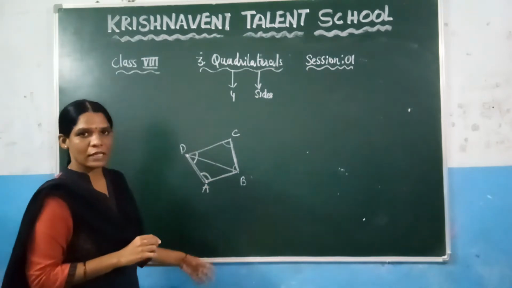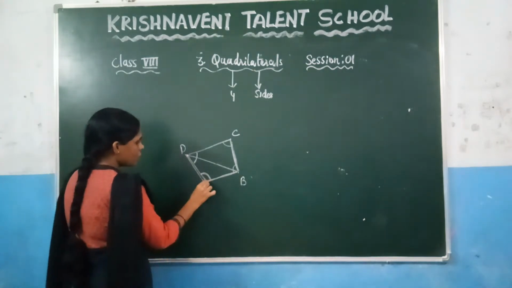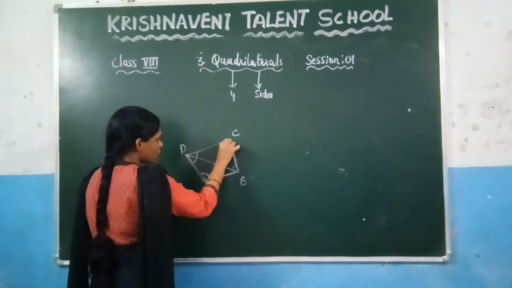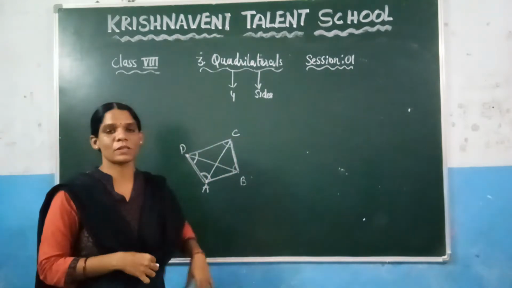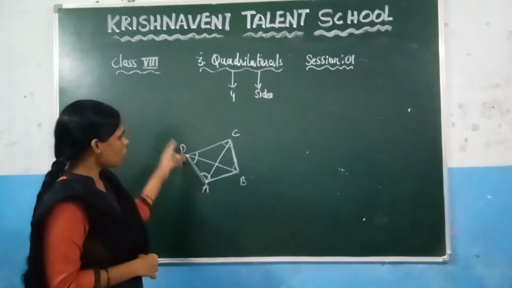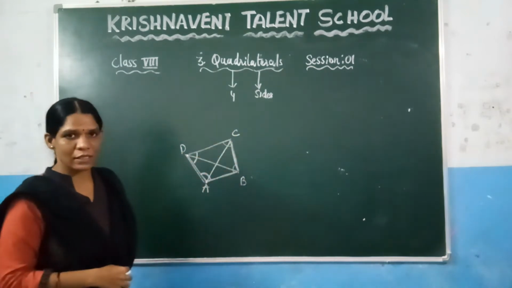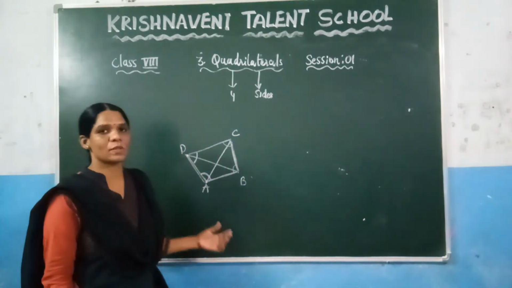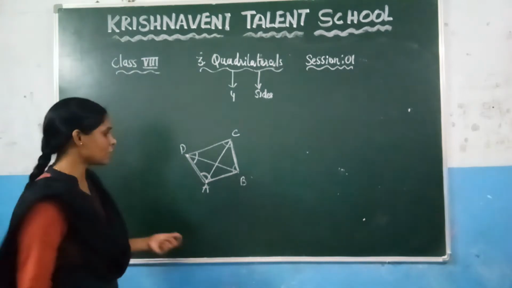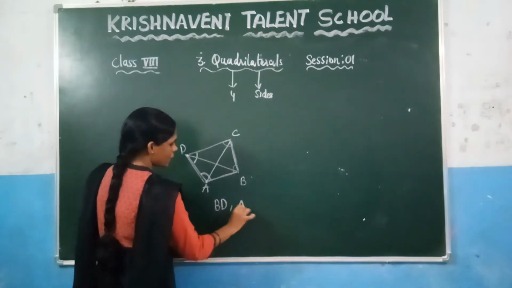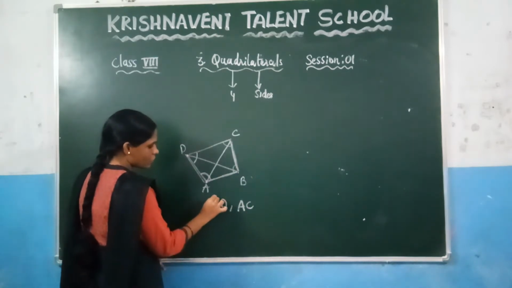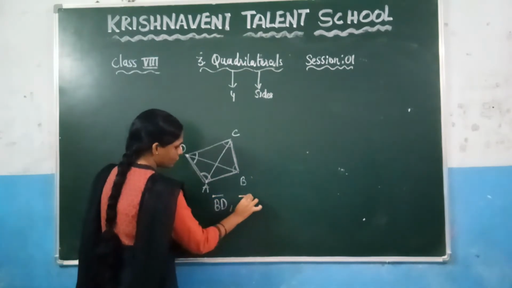So this will be one diagonal, and similarly here join the opposite vertices. Here you will get one more diagonal. So what is meant by the diagonal? The line segment that is formed by joining the opposite vertices, we call it a diagonal. So how many diagonals will be there in a quadrilateral? There are 2 diagonals. What are those? Which is BD and here which is AC. These are line segments, represented like this.